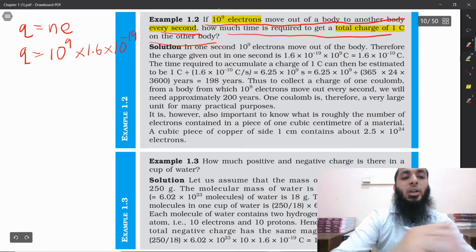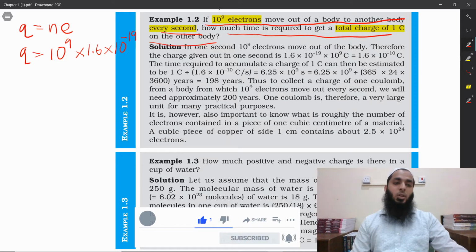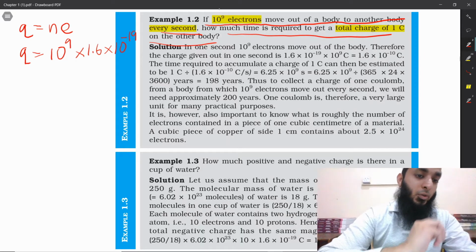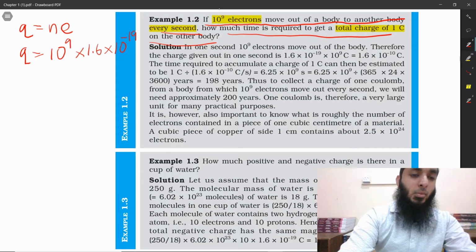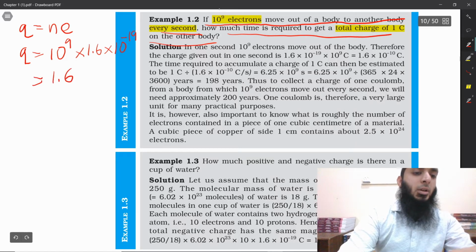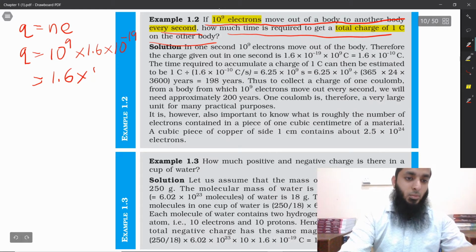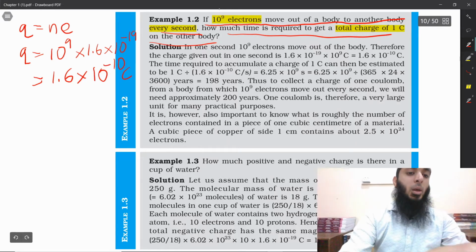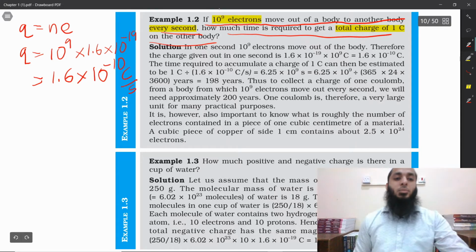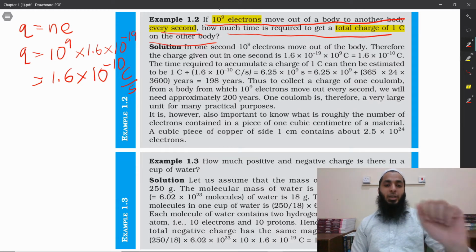We are not considering the polarity, we are talking about the magnitude, that's why we have not taken the minus sign. This comes out to be 1.6 times 10 raised to minus 10, and this will be coulombs per second. Remember this, it is per second.